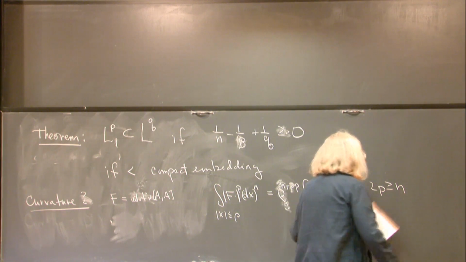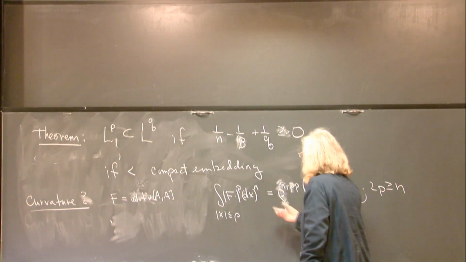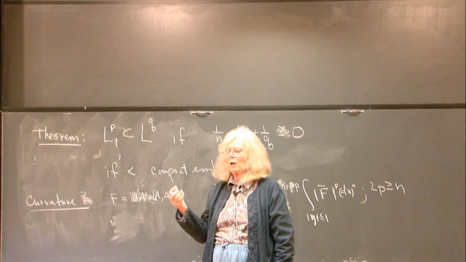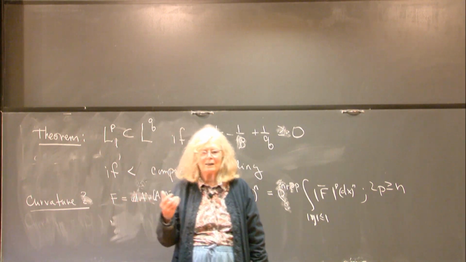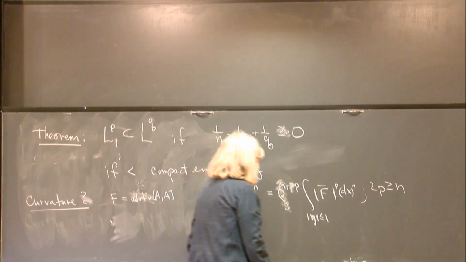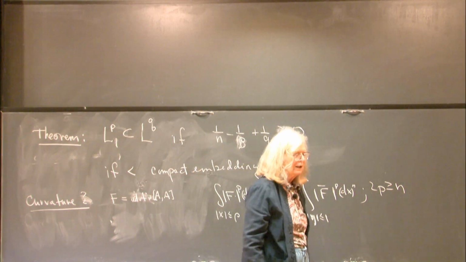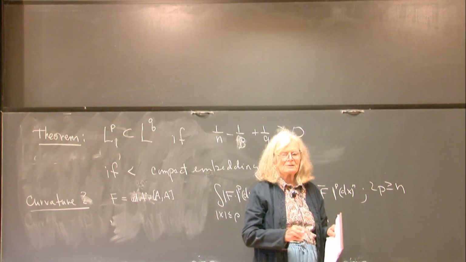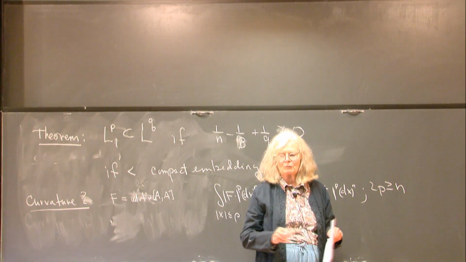That tells you where dimension 4 comes in, because in dimension 4, p is 2, and that's the scale invariant case for the norm of the curvature.